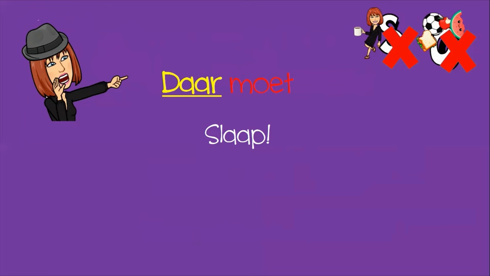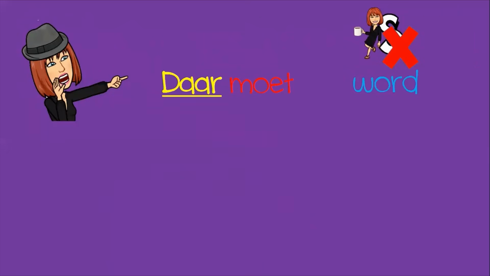Then we're going to have daar, because we do not have an object there. So that is our placeholder. And then because it is a command, moet, because it's saying slaap. Basically it's saying jy moet slaap. So daar moet. And then our verb gets a geslaap word. Again, because we're commanding you to do it. You're not doing it at the moment. So daar moet geslaap word.